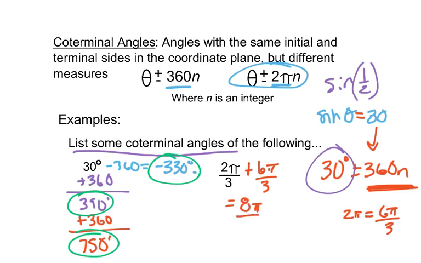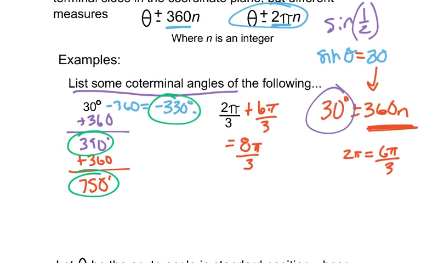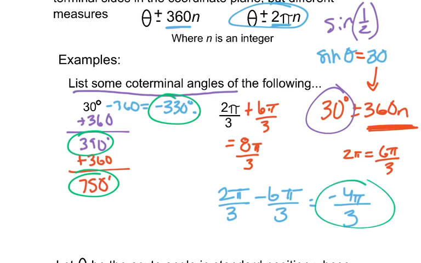And that's kind of why we don't love radians, just because it is fractions, and you know, I love fractions, but hey. Alright, then we could also take 2 pi over 3 and subtract 6 pi over 3, and we could subtract or add as many iterations of that as we would like, which will give us negative 4 pi over 3. And so again, anyway, these are all coterminal angles with 2 pi over 3.